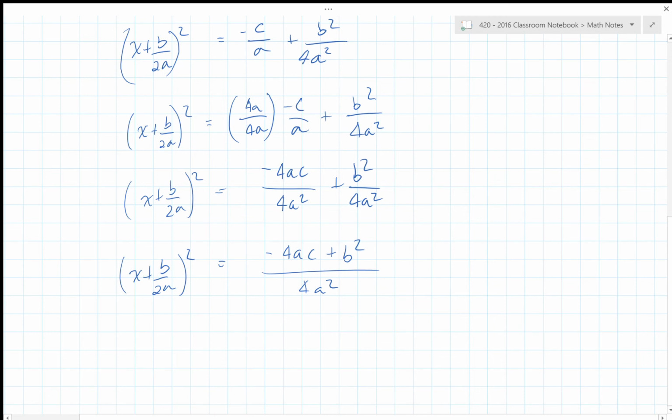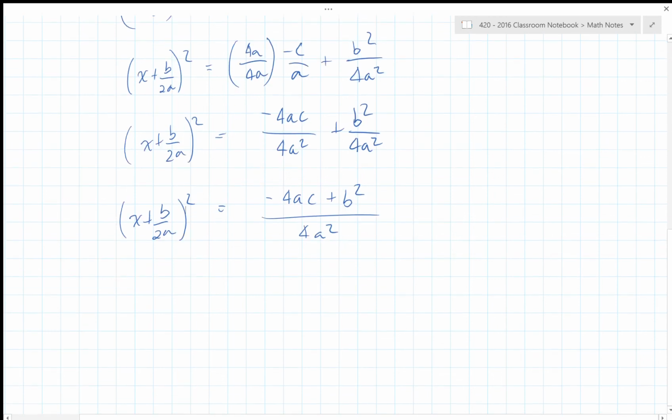On the right side now, I'm going to just flip the order of the numerator, partially because I know what I'm going for. I know what the quadratic formula is, so I'm going to put it into that correct form, but it's also convention. The term with the highest exponent should be listed first in the sum. So b squared minus 4ac over 4a squared is equal to x plus b over 2a squared.